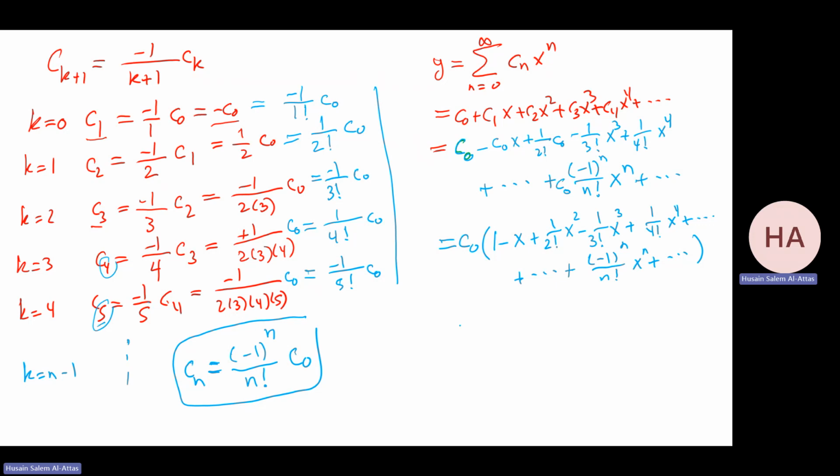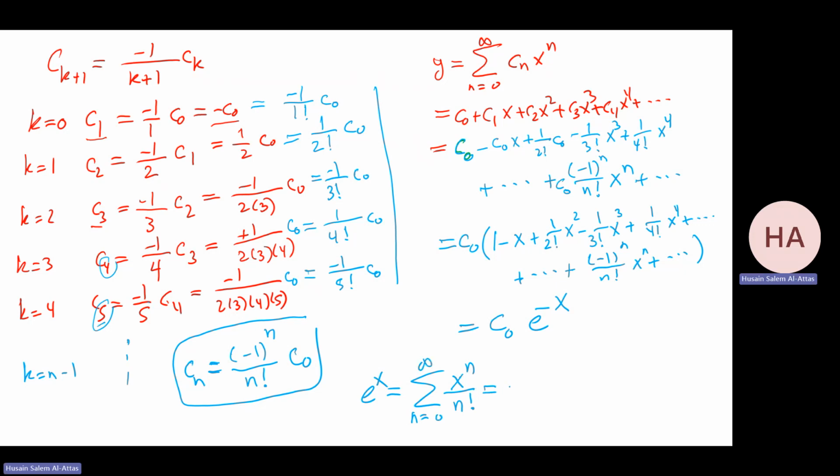What is this? If you remember the format of the series, this is e to the power minus x. Don't forget, e to the power x is the summation of x to the power n over n factorial, where n is running from 0 to infinity.